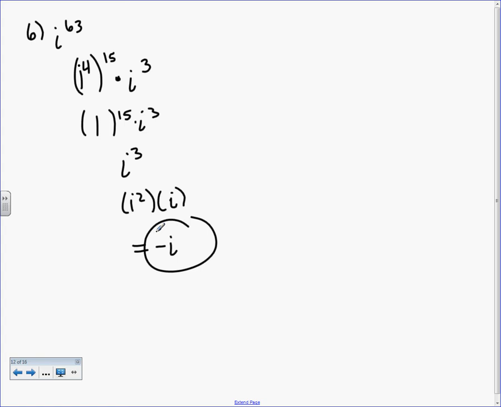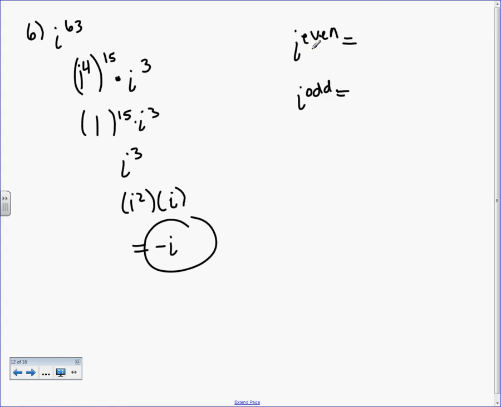Yeah, I'm going to show you something, okay? With these, you can shorten your options. If I wrote this at the top of my notes, you put it wherever you want. i to any even is only 2 choices. i to any odd is only 2 choices.